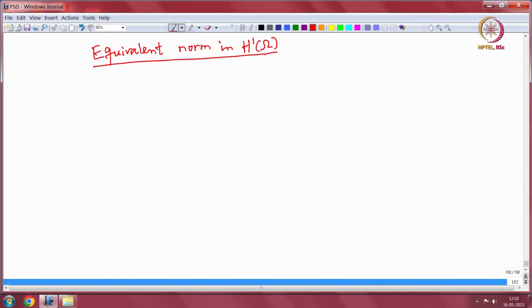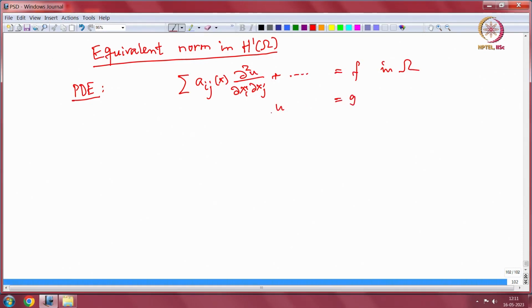So, in the study of PDE of second order, especially of elliptic type, I will just write this formally: del square u by del xi del xj plus lower order terms in some domain omega, with u given, or the normal derivative.